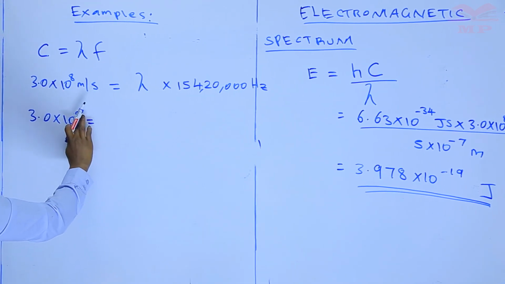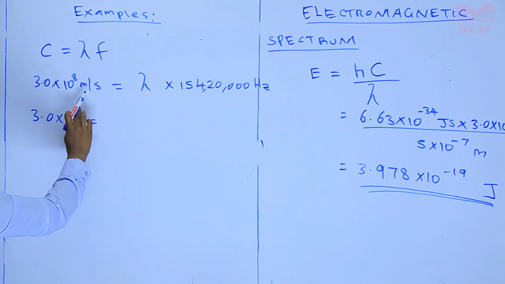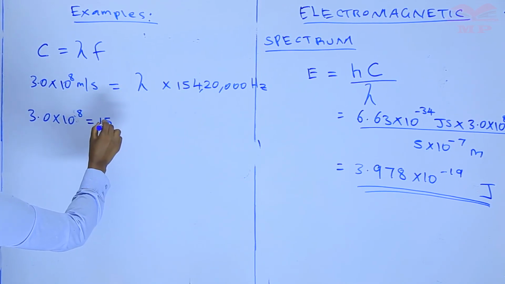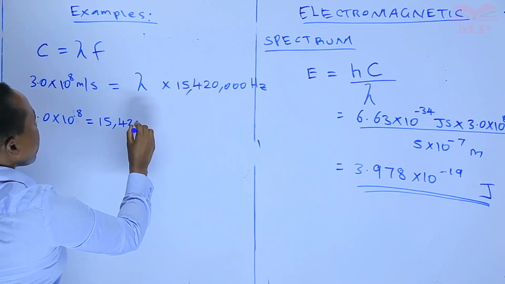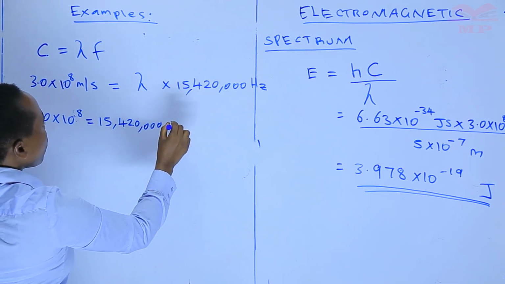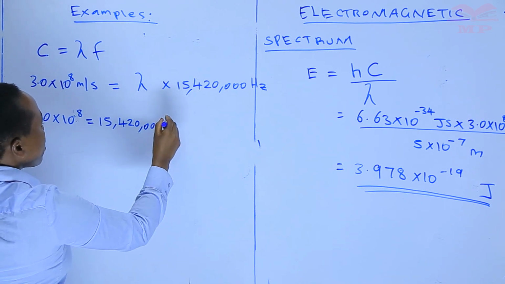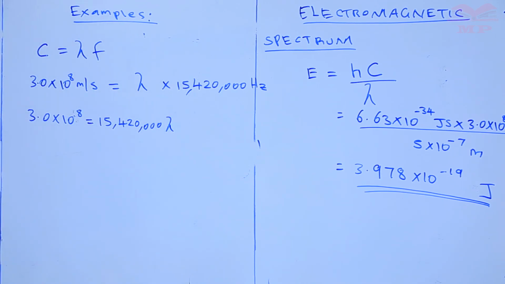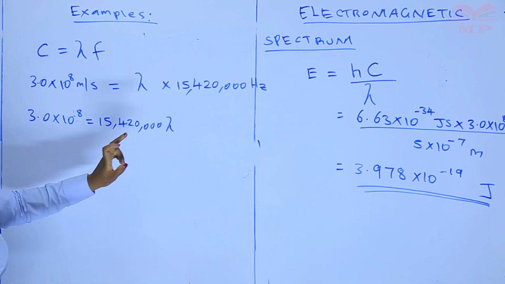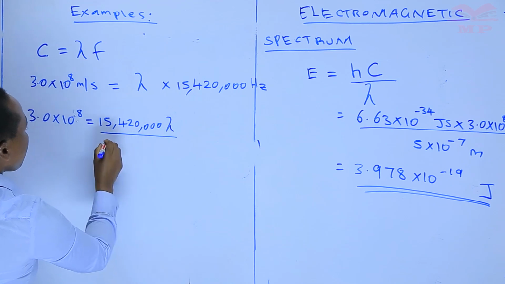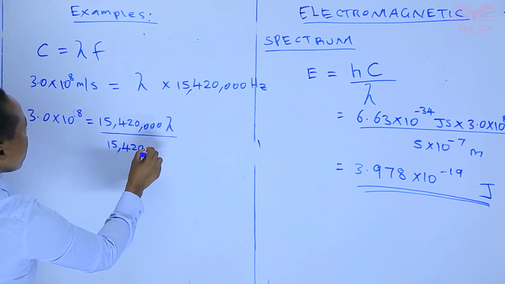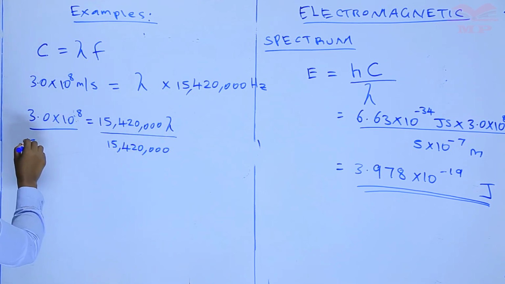So we have 3.0 times 10 power 8 being equal to 15,420,000 multiplied by lambda. We want to get the value of lambda, and therefore we can divide both sides by 15,420,000.